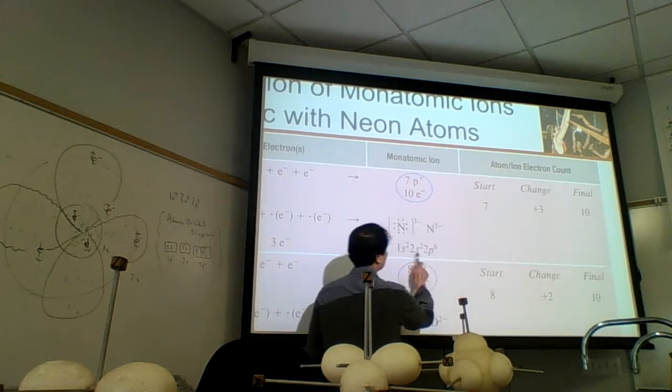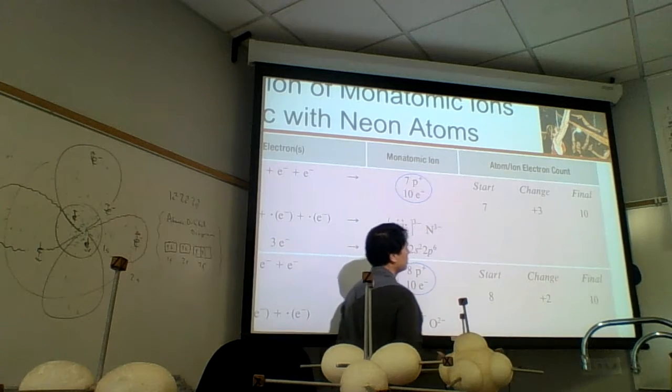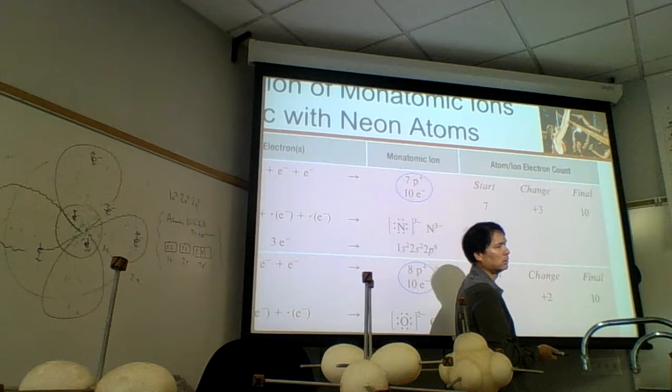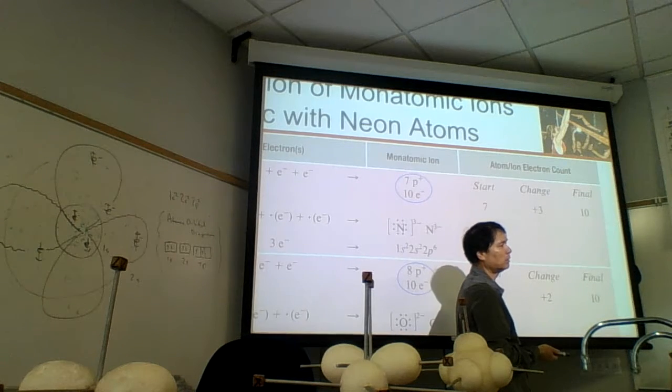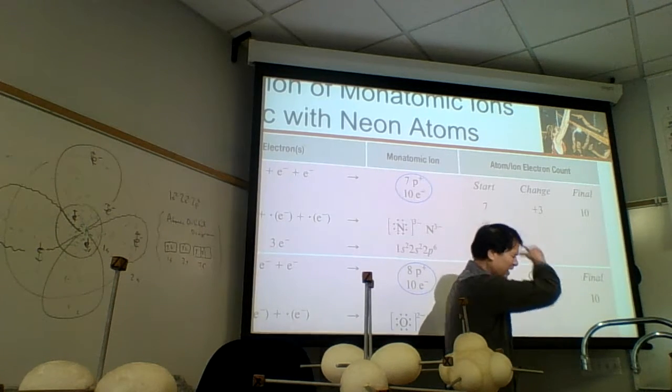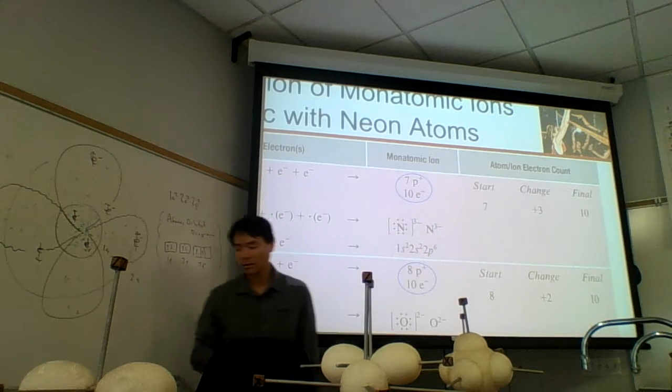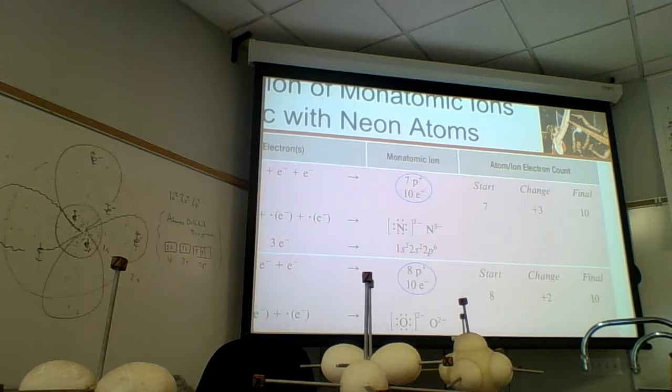And 10 electrons is the same number of electrons as what noble gas? Neon. And so we say that nitride is isoelectronic with neon. Well, neon is very stable, having that filled first shell and second shell. The first shell takes 2 electrons, the second shell takes 8 electrons, so it's a total of 10 electrons.